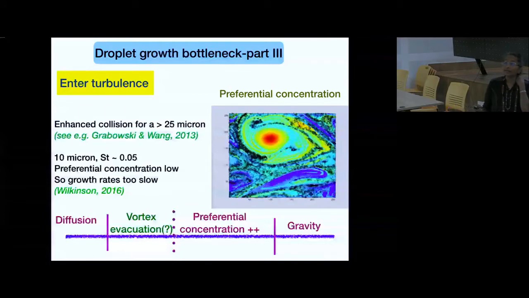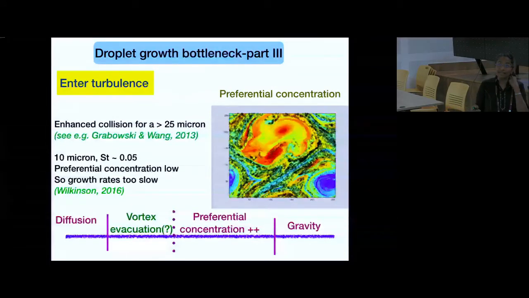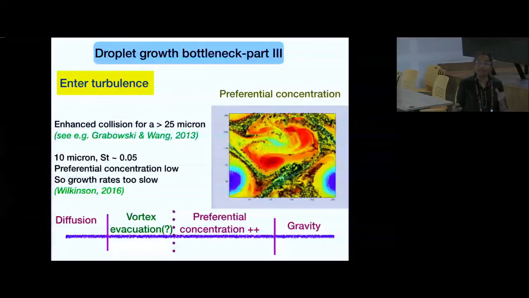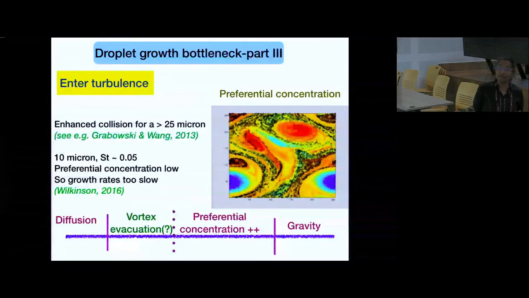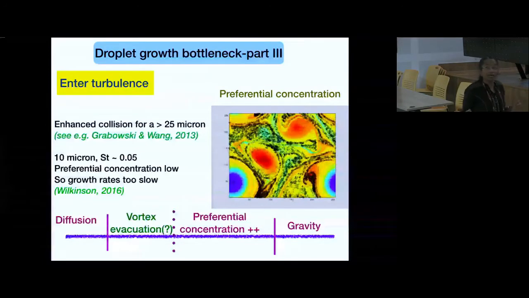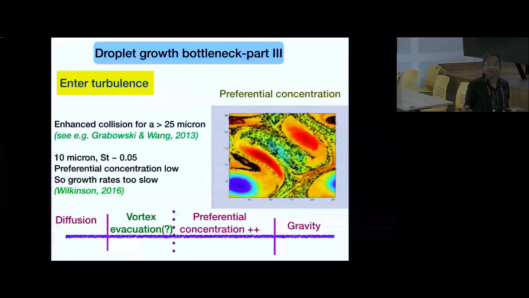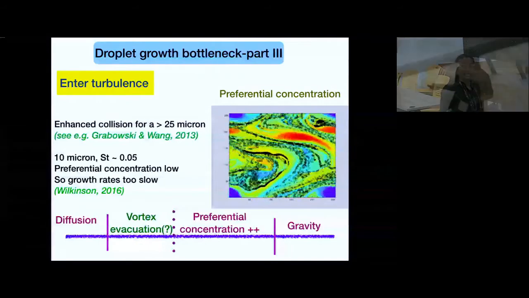Based on this increased number density outside the vortices, people have come up with estimates for enhanced collisions of droplets, and the more they collide, the more opportunity they have to coalesce. So for droplets greater than about 25 micron, you can explain some of the fact that droplets grow very rapidly.